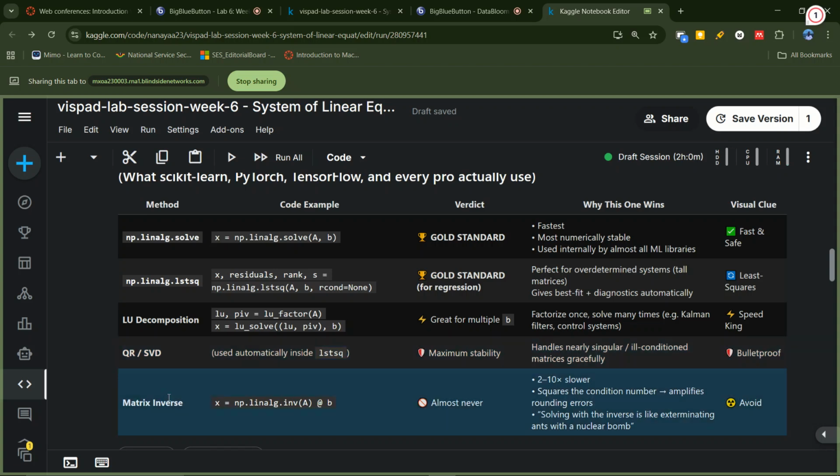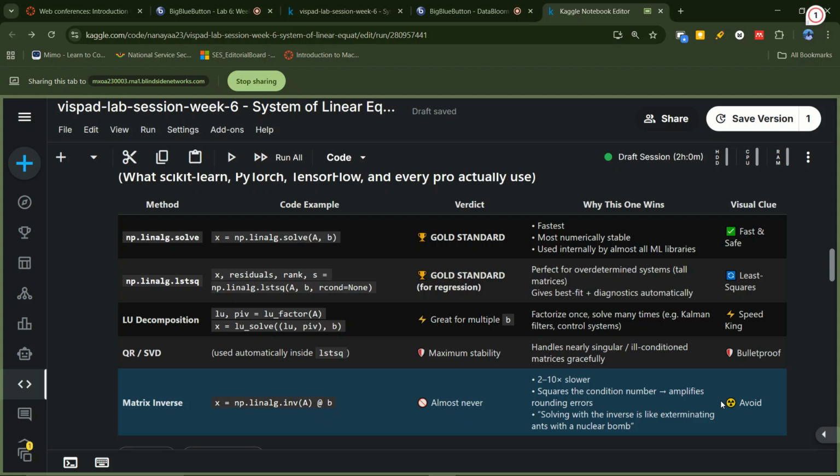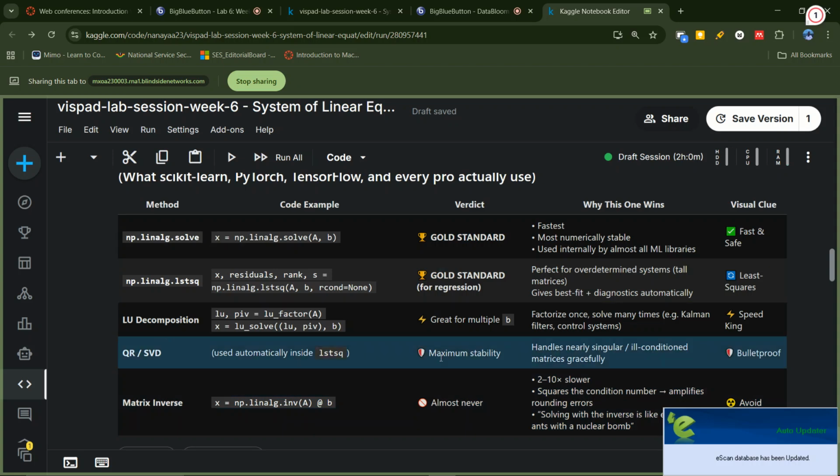And we have matrix inverse. But over here, what did you see? It gave you a code example and the verdict. What did it say? It says almost never, I'm trying to avoid it. Why? Because it's 2 to 10 times slower. It squares the condition number, hence amplifying rounding errors. Solving with the inverse is like exterminating ants with a nuclear bomb. You understand what I mean. What it's trying to say is all these things are acceptable.